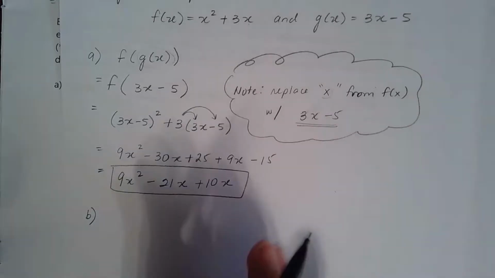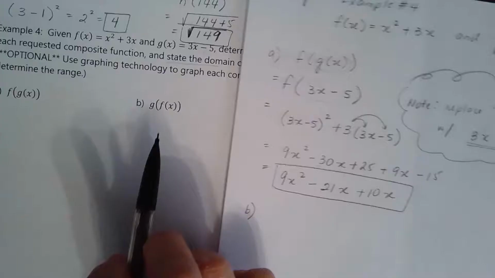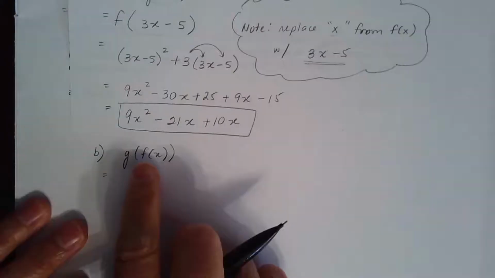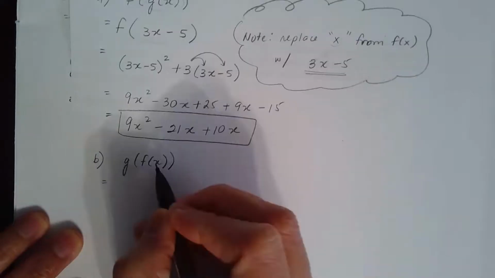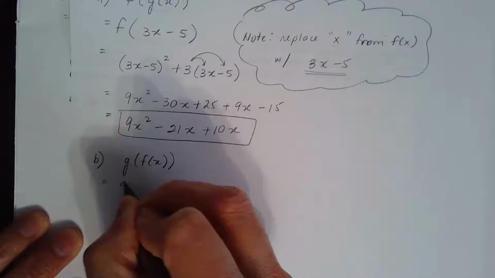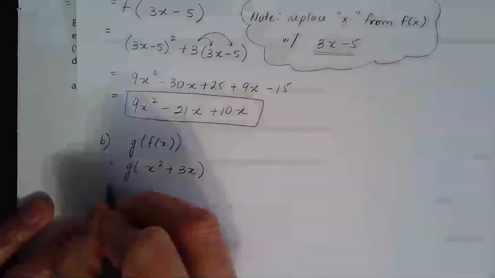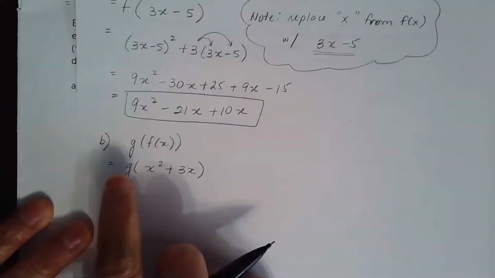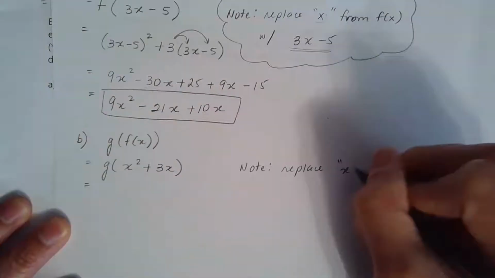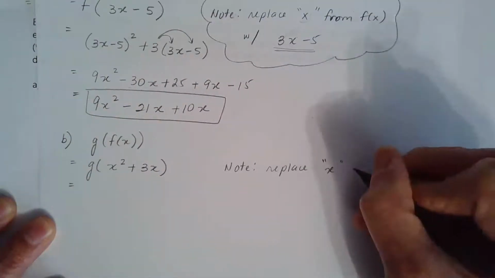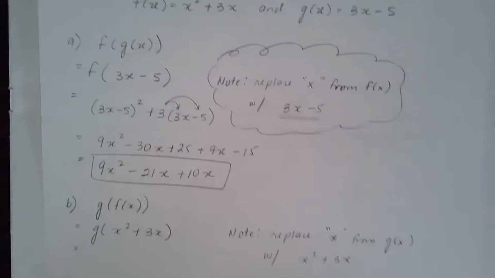So that's 9x squared. Next. And this is the explicit quadratic function.